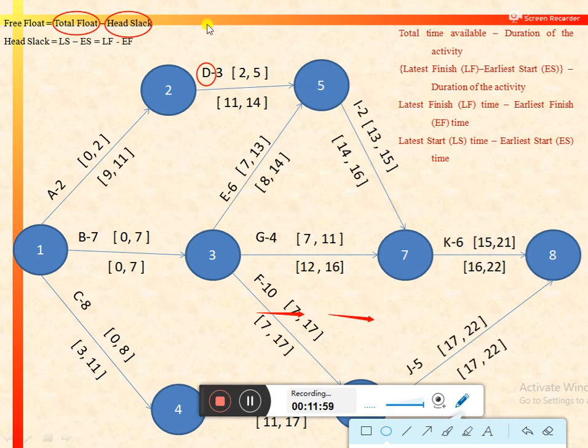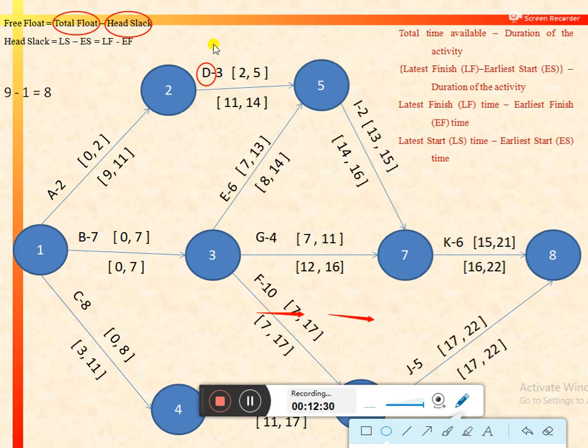We calculate head slack for following activity, and that is I. So head slack can be calculated by using this expression LS minus ES, that is latest start minus earliest start. It would be 16 minus 15, that is equal to 1. Again, if we use the other expression, that is latest finish minus earliest finish, that is 14 minus 13, again it would be equal to 1.